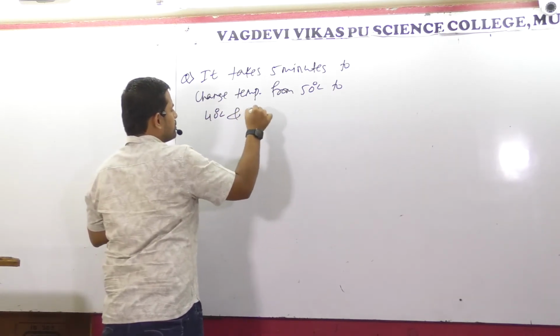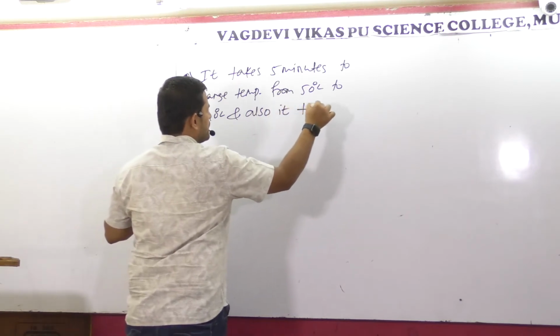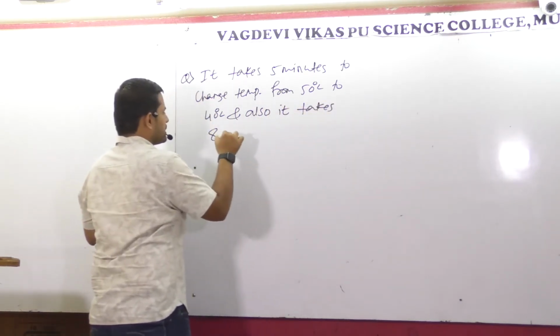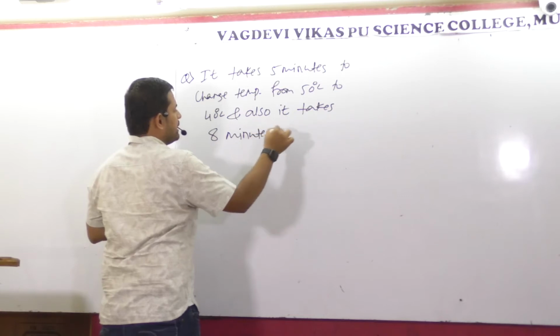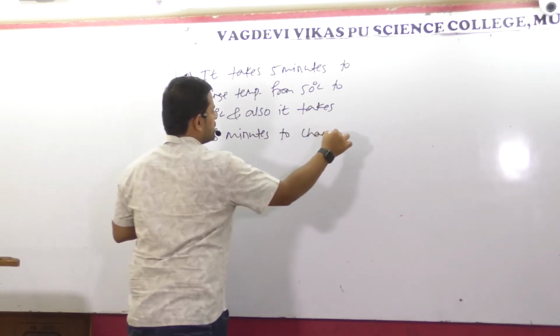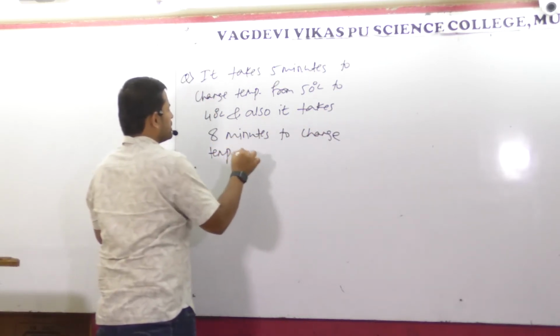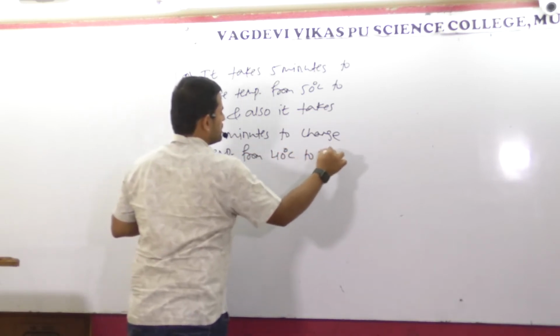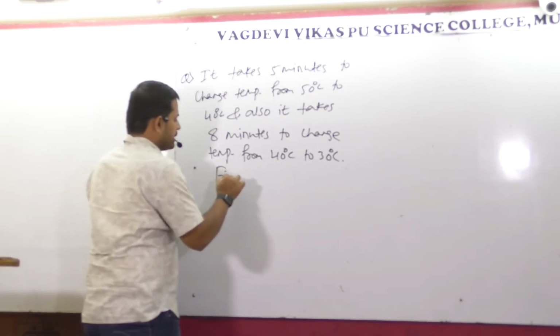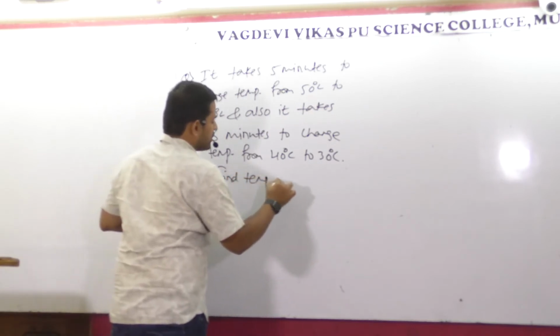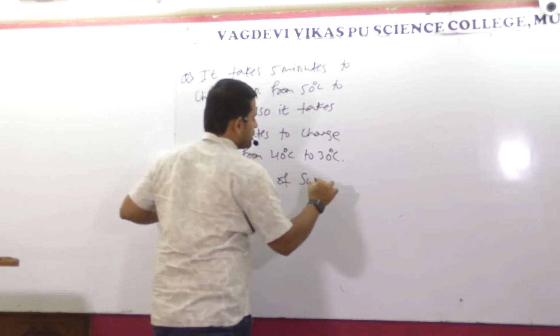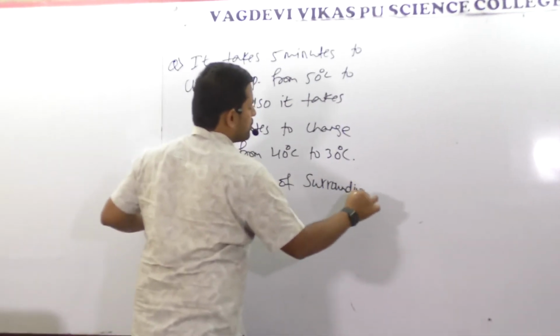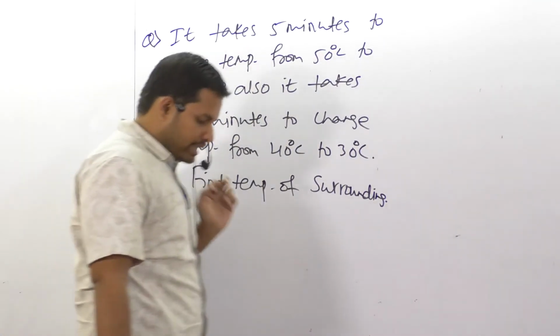And also it takes 8 minutes to change temperature from 40 degrees Celsius to 30 degrees Celsius. Okay? Find the temperature of the surrounding. Very important question. Please make a note of this and let's get started.